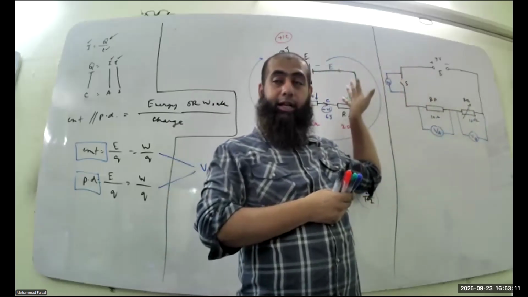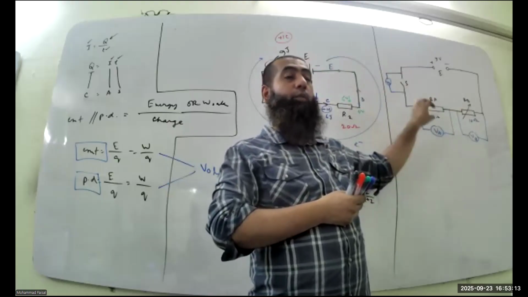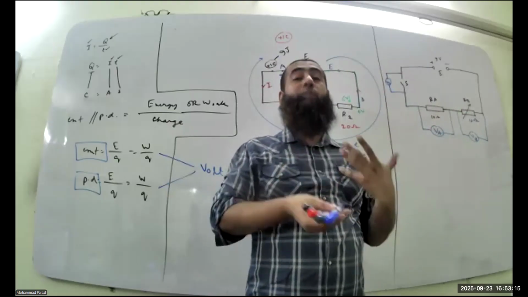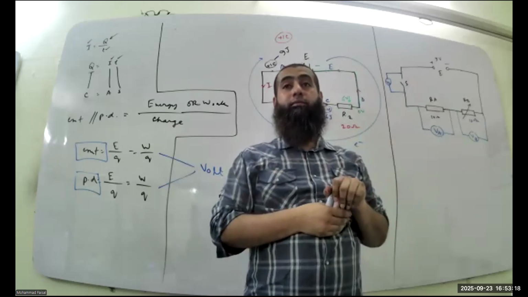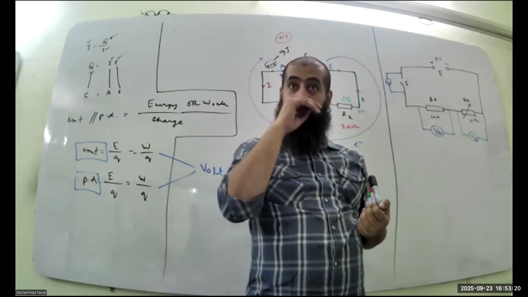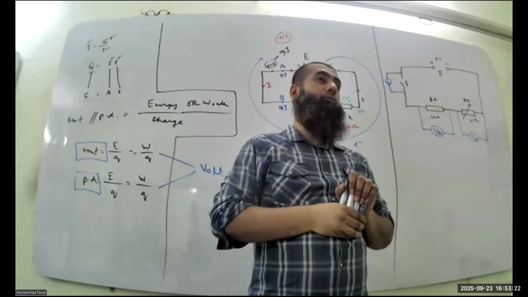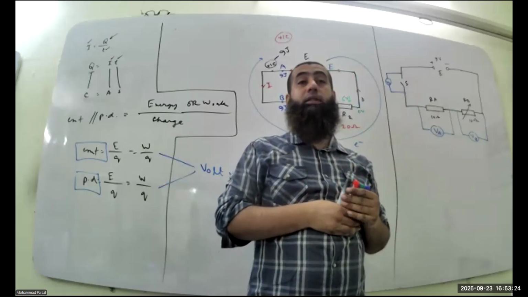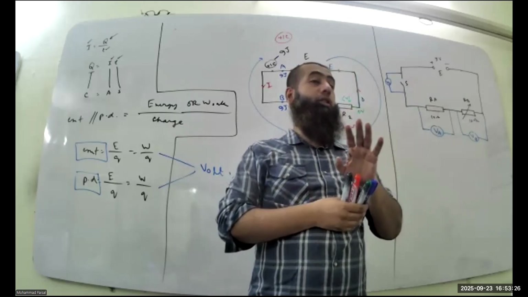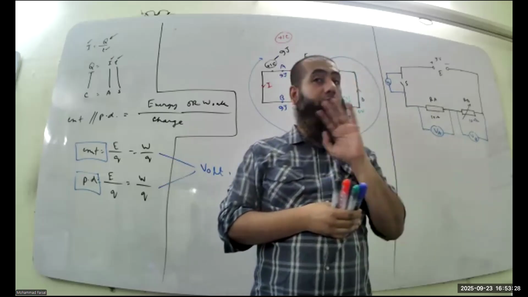The three components are in series. Infinite resistance, 10 ohm and 10 ohm. My question, where do you expect all the voltage to be consumed? In the switch now? Now, if you wonder, how would the switch consume any voltage? The switch is not consuming any voltage. The switch is not allowing the current to flow, which means there is no energy conversion.